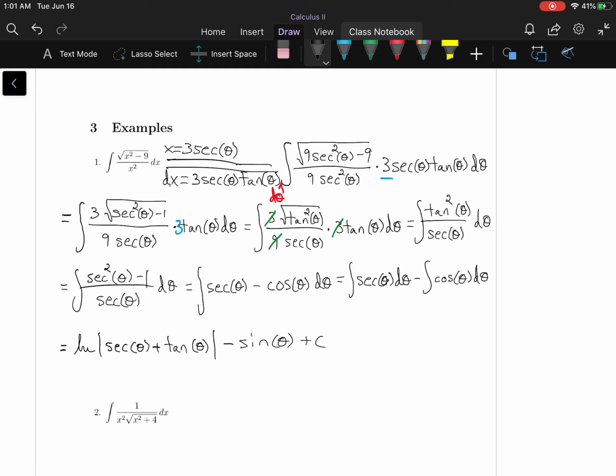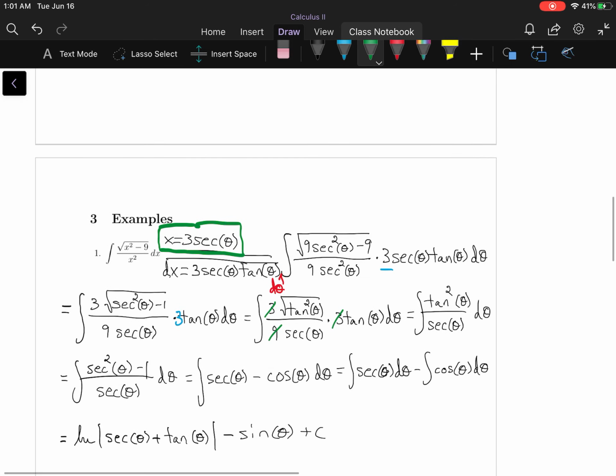And the way that we're going to do that is we're going to look back at the very beginning, where we had defined x as 3 secant theta. And so I'm going to use a triangle in order to figure out some of these details.